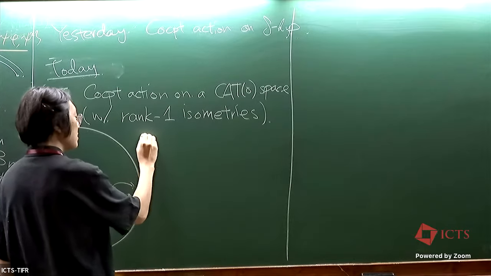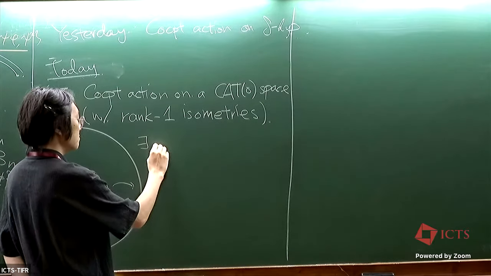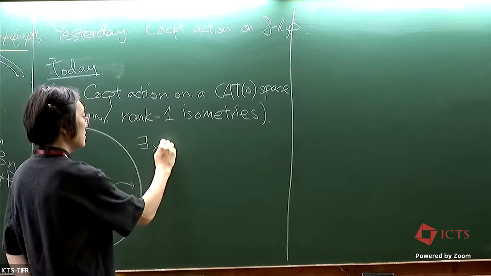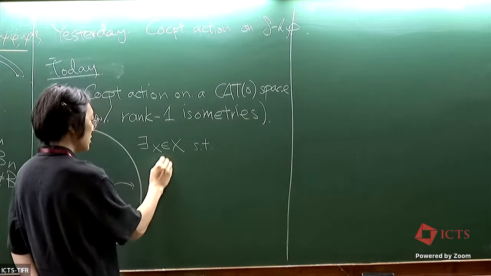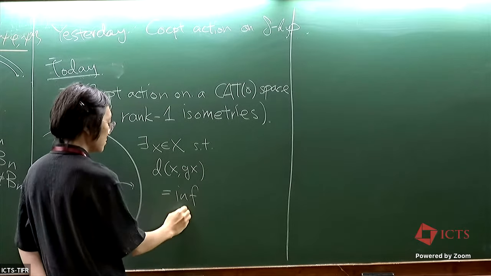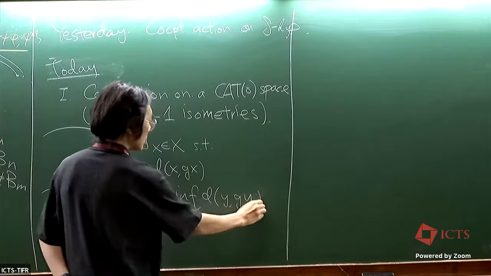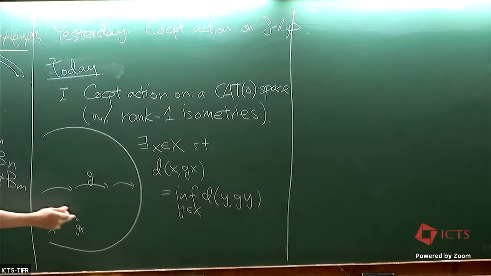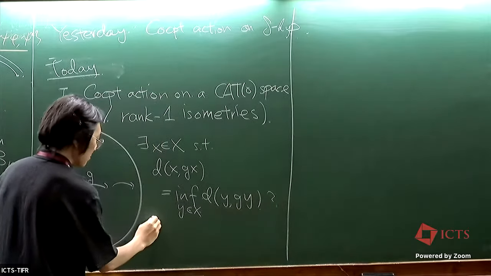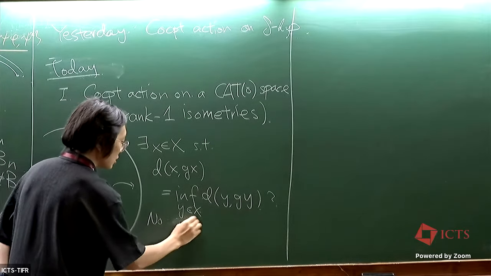Ask if there exists a point x such that the displacement realizes the infimum of the displacement made by this isometry, as you probe through all possible points on the space. Is there one that achieves the infimum? If no, then you call g parabolic.